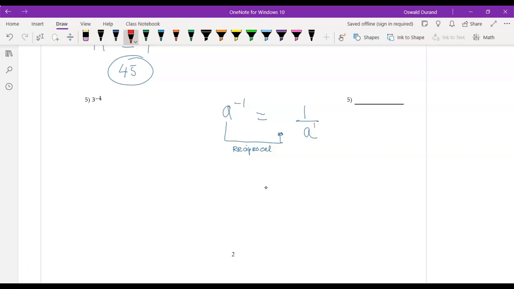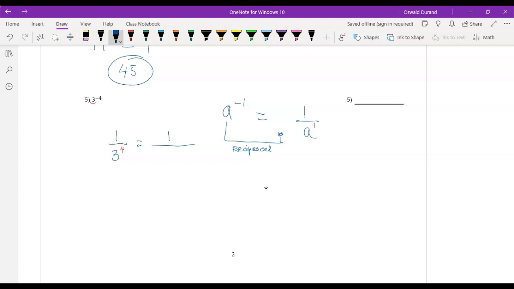Okay? So we're going to do the same thing here. I want the reciprocal of 3, right? And that's 1 over 3. And we're going to put that negative exponent as positive, and that's going to be positive 4. Okay? And at the end, it's going to be 1 over, and if you know what 3 to the power of 4 is, it's 81.